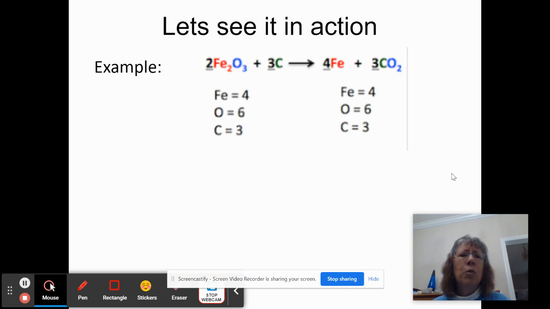2 Fe2O3 plus 3 carbons produces 4 iron and 3 carbon dioxides.